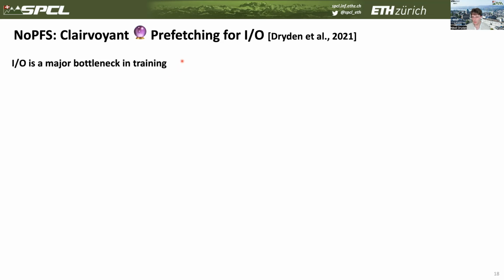Now, I'll just be very brief here. This work was originally published at Supercomputing in 2021, so you can check out that paper and talk for more details. But the key observation first is that each sample is seen once per epoch when you're doing standard mini-batch stochastic gradient descent.